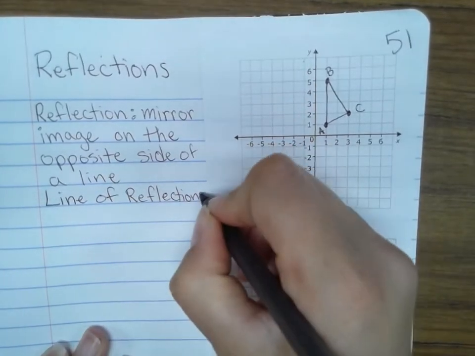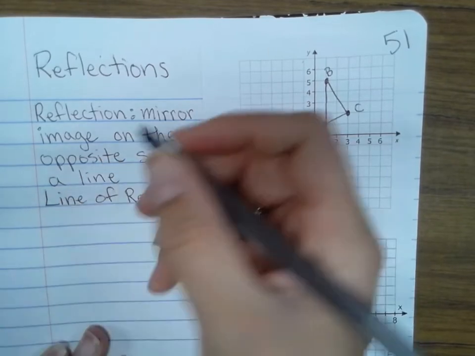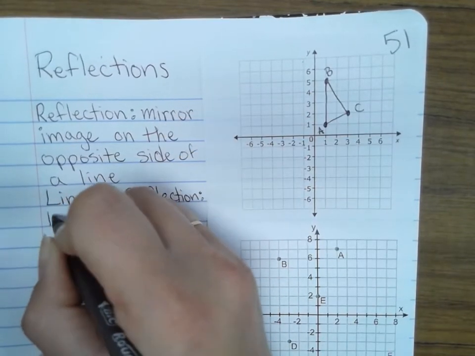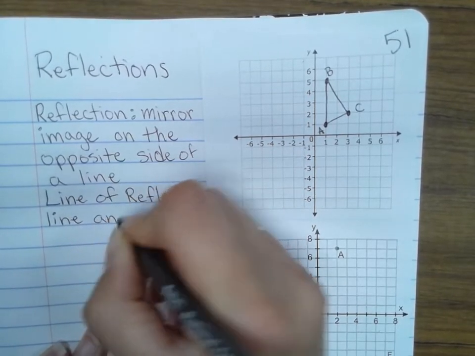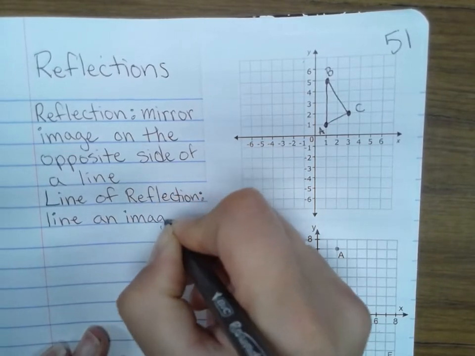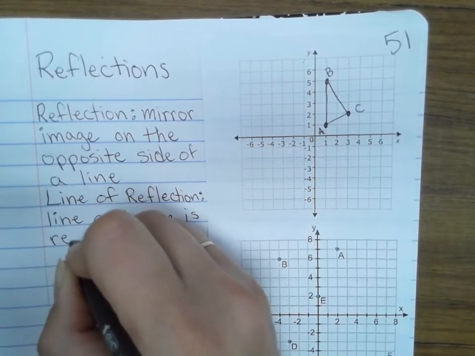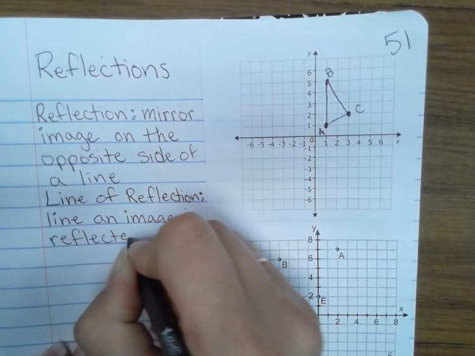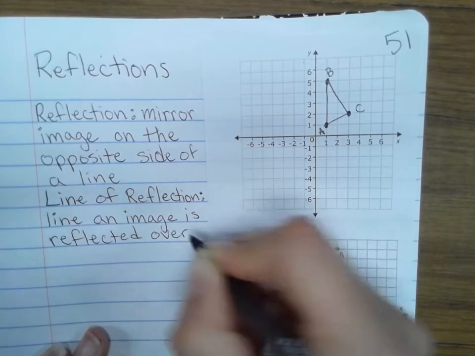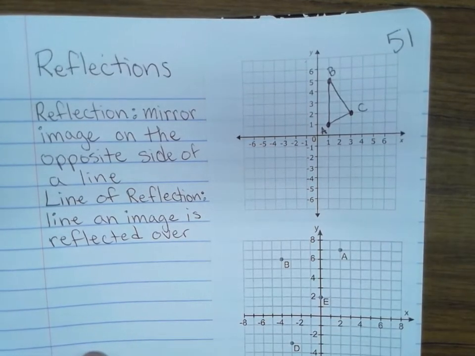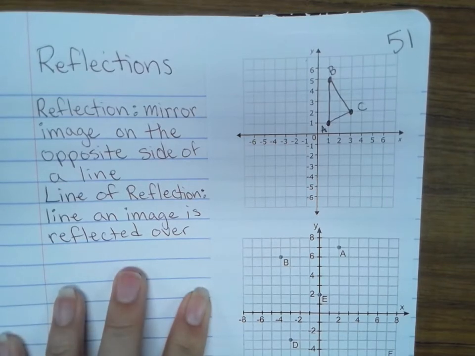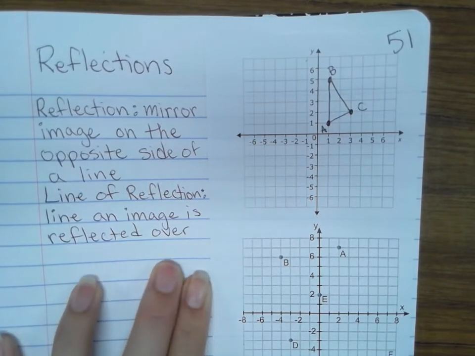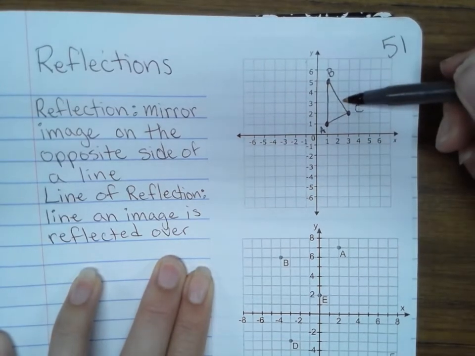Okay, and the line of reflection is, well, it kind of seems obvious, the line you reflect over. And for you guys, we're just going to be doing basic reflection, over the X or Y axis. So we are going to reflect this over the Y axis.